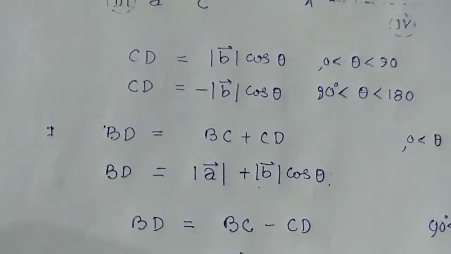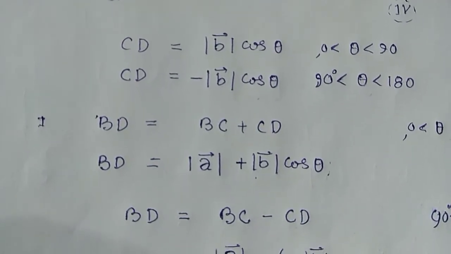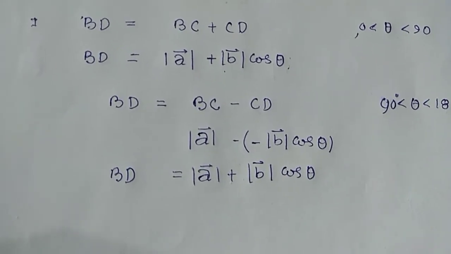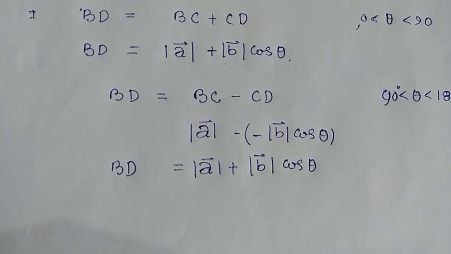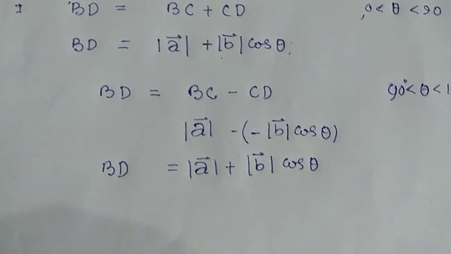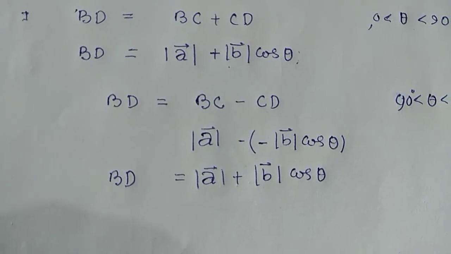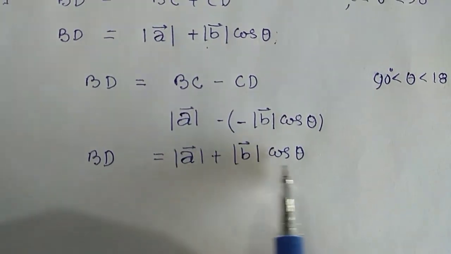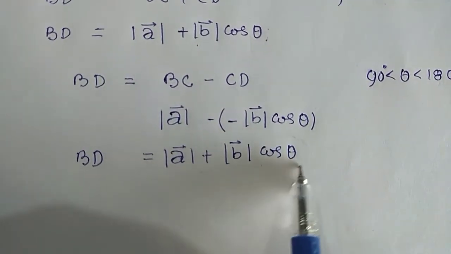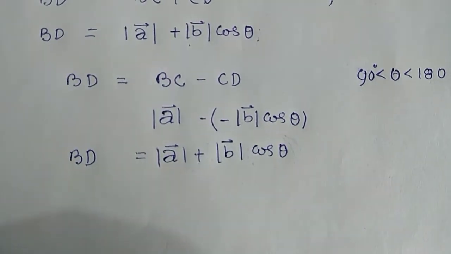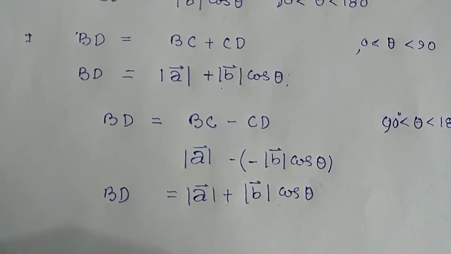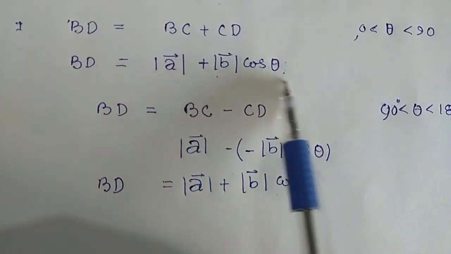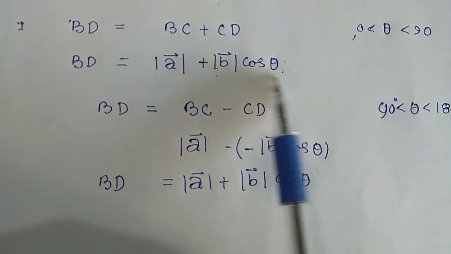In both cases, BD has the expression mod of A plus B cos of theta, but I warn that it is not the same here, because BD in this case is greater than the mod of the length A.